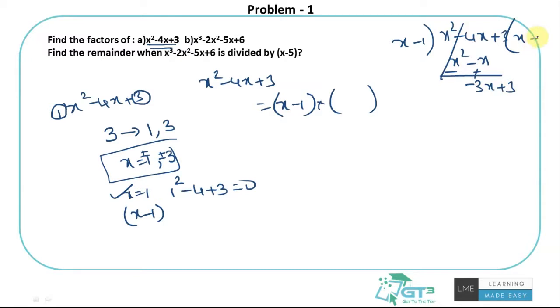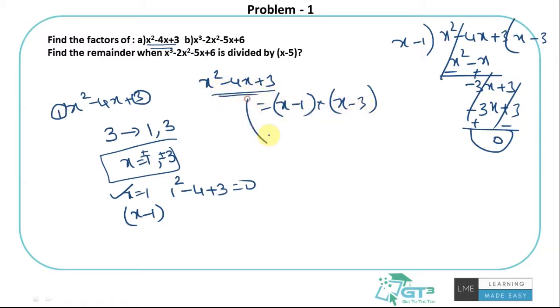So minus 3, it will be minus 3x plus 3. Minus becomes plus and this becomes minus, cancel, and 0. So x minus 3 would be it. So this expression can be written as x minus 1 into x minus 3.